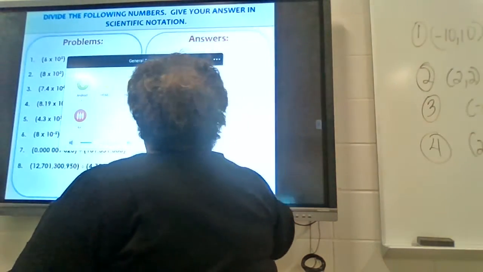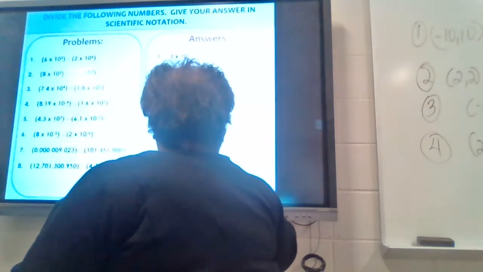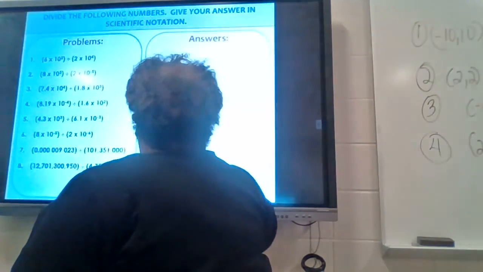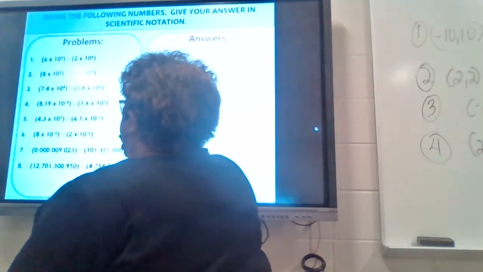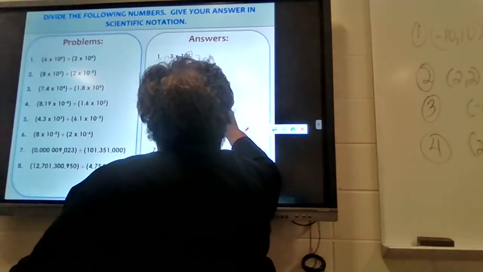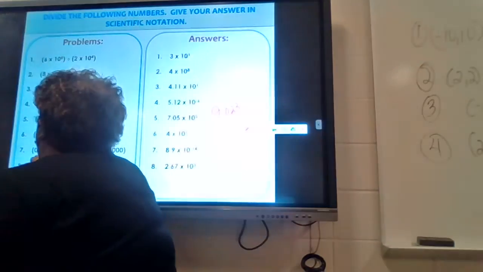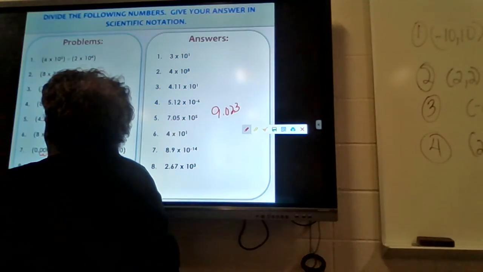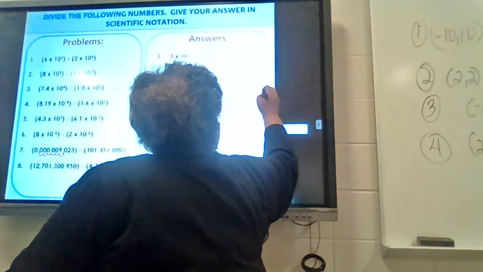My hand is hitting stuff. So this one is, put my decimal here. So I have 9.023. And let's see, 1, 2, 3, 4, 5, 6 times 10 to the negative 6.